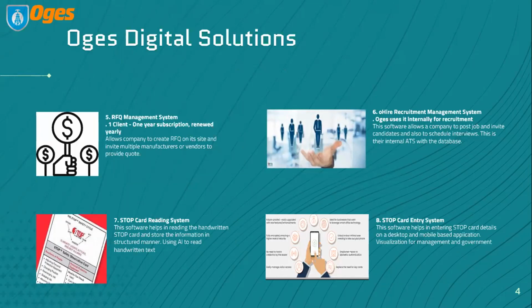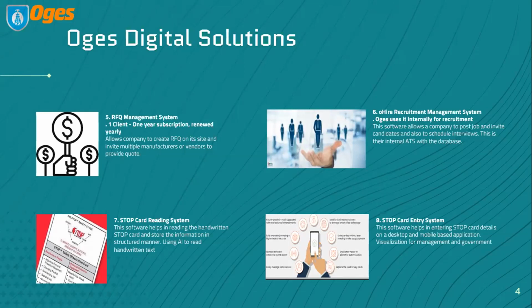The sixth one is pertaining to my domain. I head this division at OGIS, that is the recruitment. Here the recruitment is done via our OHIRE recruitment management system, wherein we install the system in the companies with the help of the HR and their IT team.